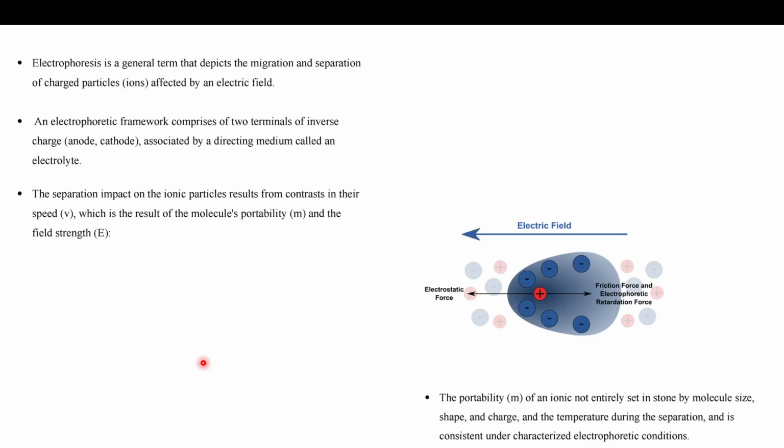Okay, now in general we have been talking about agarose electrophoresis and SDS-PAGE. Basically, electrophoresis is a general term that depicts the migration and separation of charged particles affected by an electric field. An electrophoretic framework comprises two terminals, one cathode and one anode, having opposite charges, connected by a conducting medium called an electrolyte.